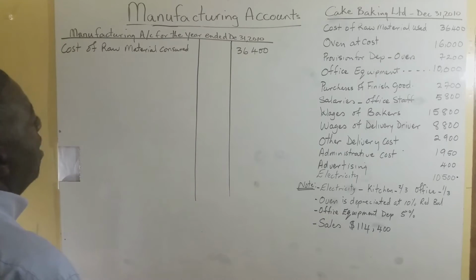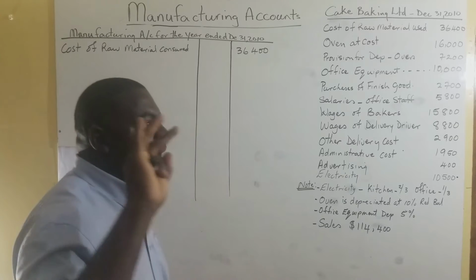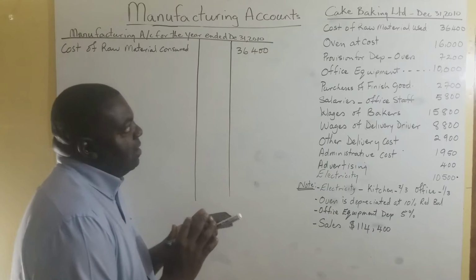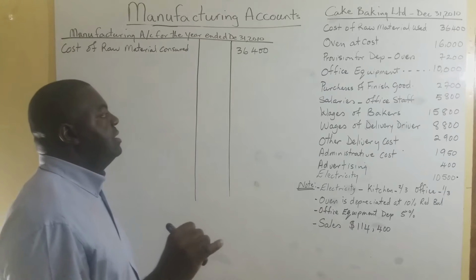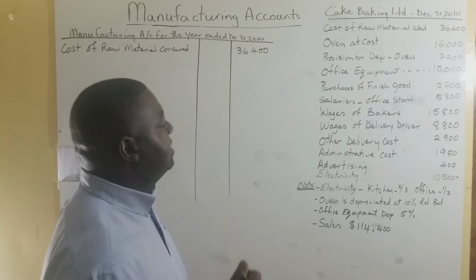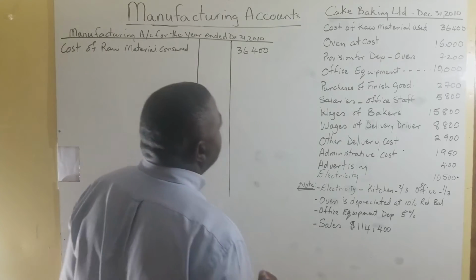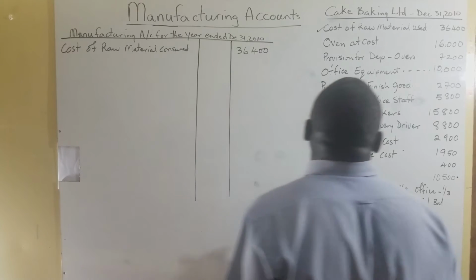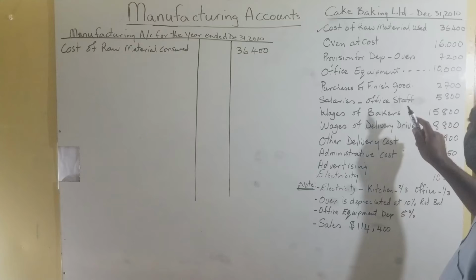Our next move now is to find the other element. There are three elements that we look for in the question to find our prime cost or direct cost: the raw materials, the factory wages, or the direct wages, and the factory or direct expenses. All right, so we have used this and we are seeing salaries for office staff. Do we use that?